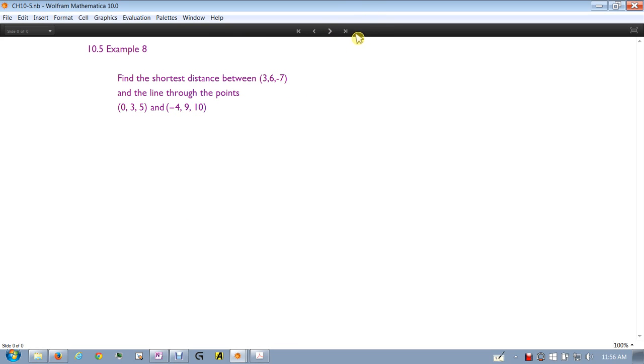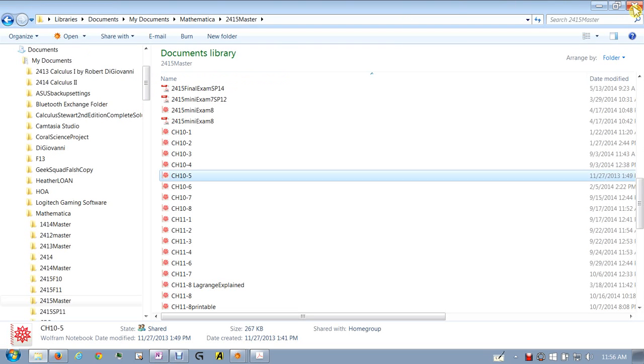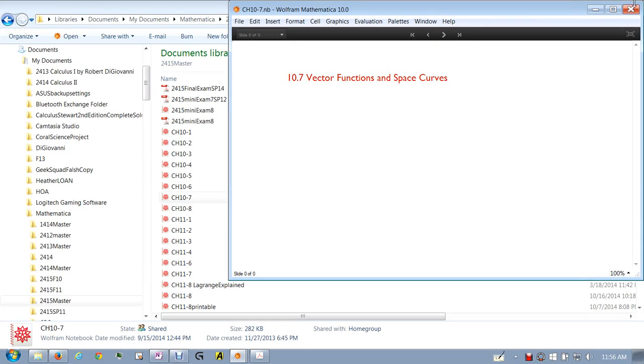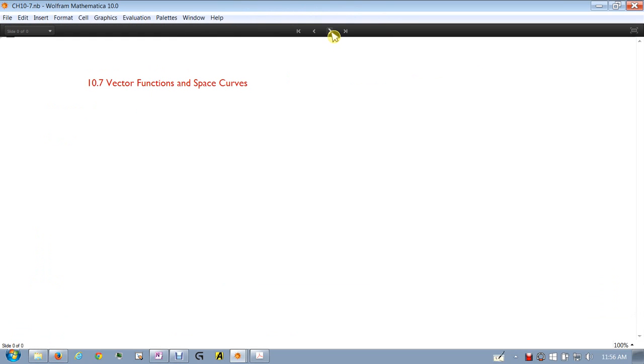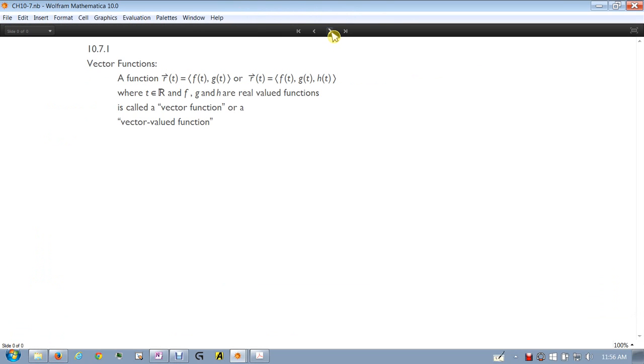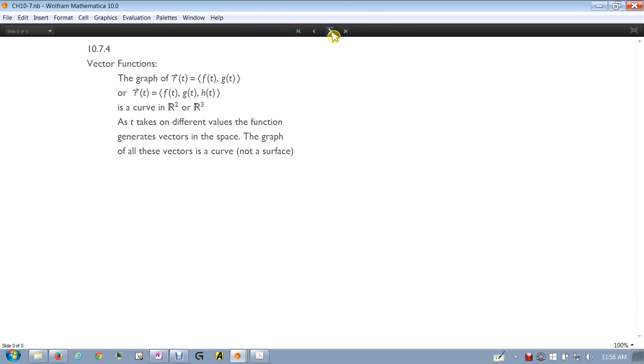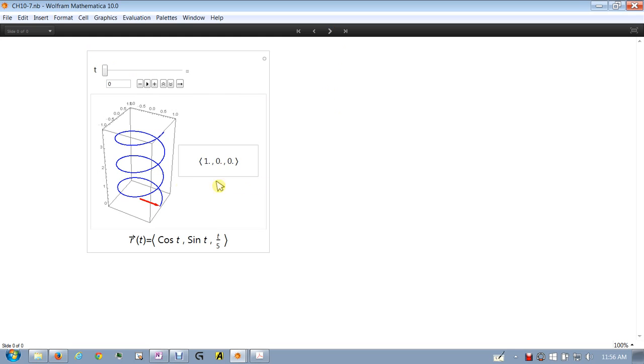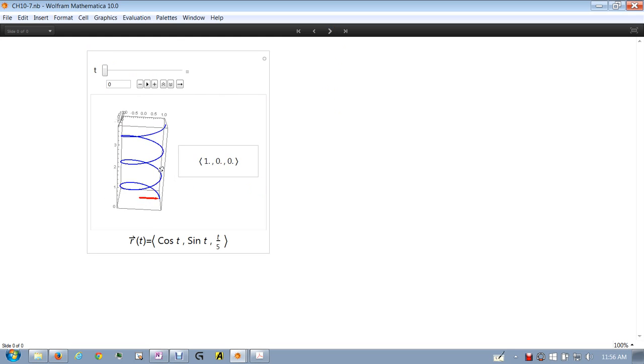Once you get past that, I'm just looking at the highlights here. Then you start to get to what are called vector curves or space curves. And so now you're drawing things in three-dimensional space. So there's like a coil, right?